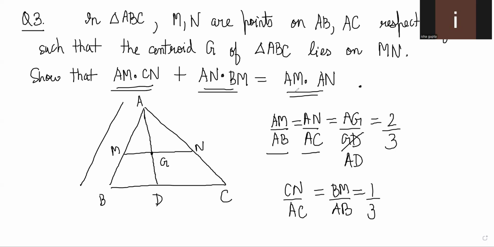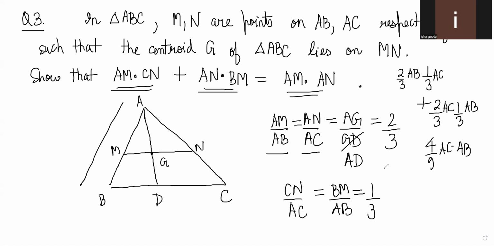AM can be written as 2 by 3 AB, multiplied by CN, which is 1 by 3 AC, plus AN, which is 2 by 3 AC, and BM, which is 1 by 3 AB. So we are getting 2 by 9, 2 by 9, 4 by 9 of AC into AB on the left hand side.